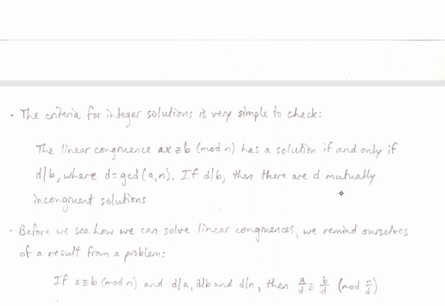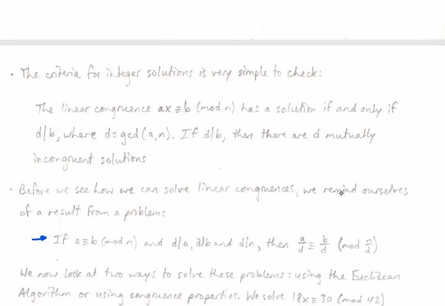If A is congruent to B mod n, and D divides A, D divides B, and D divides n, then A over D is congruent to B over D mod n over D. And as I said, we're going to be using this in just about every linear congruence that we solve.